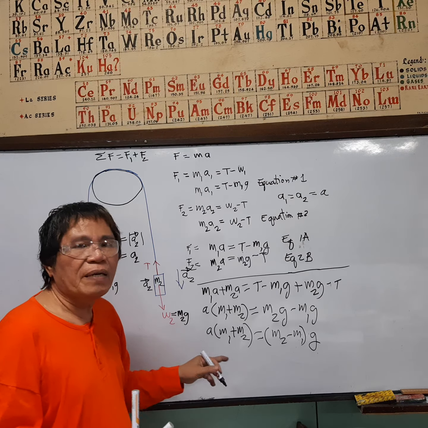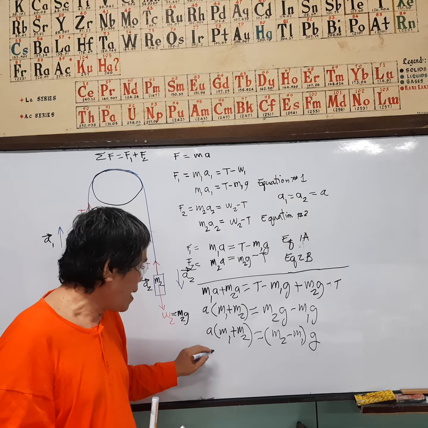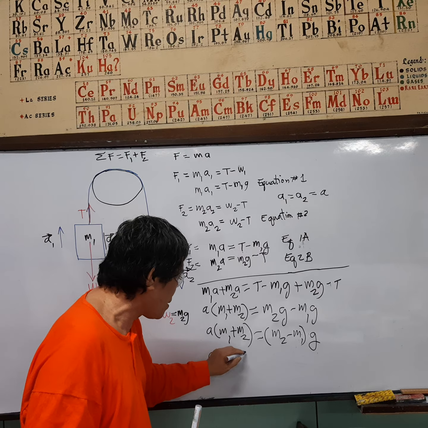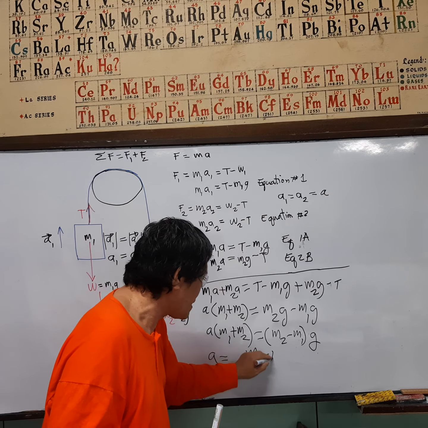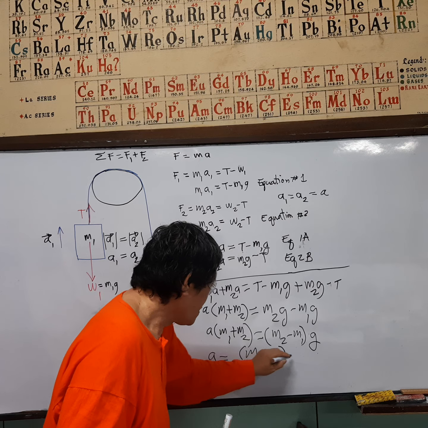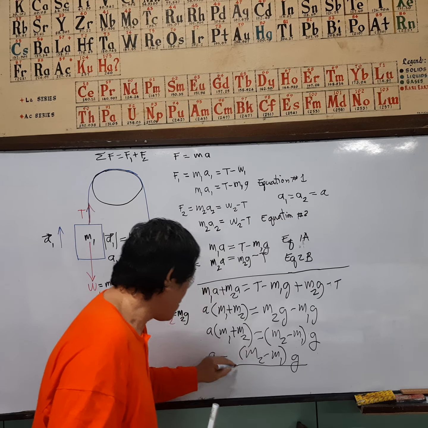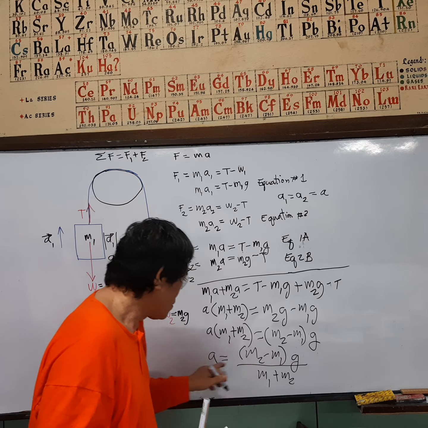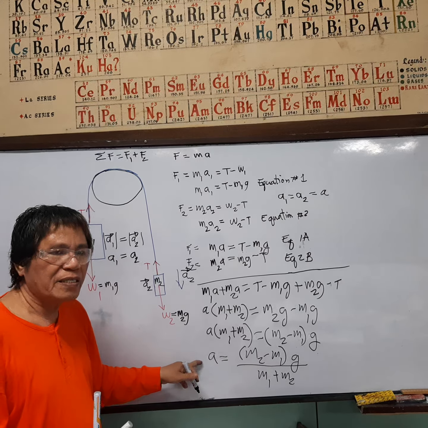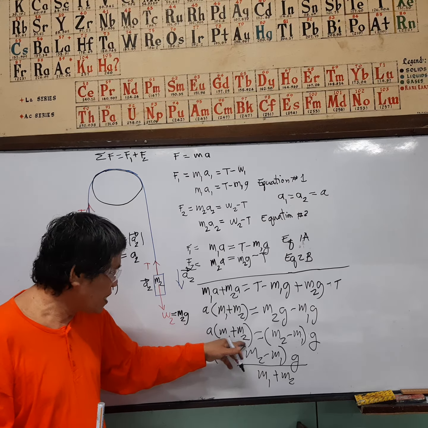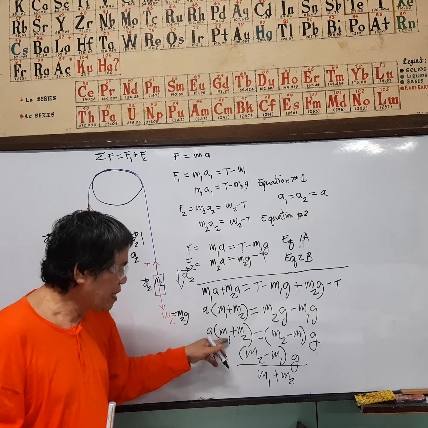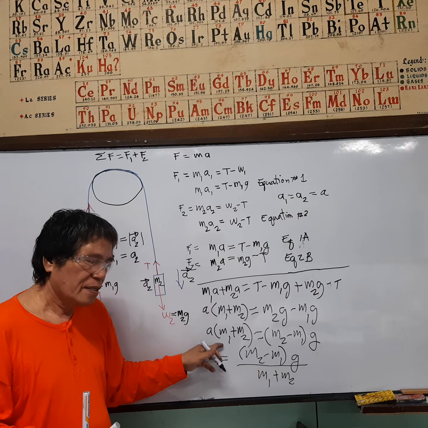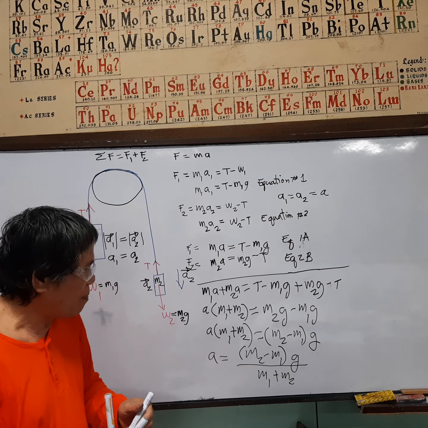And the problem is asking for the acceleration. Acceleration, therefore, is equal to, by cross multiplication, M2 minus M1 times G over M1 plus M2. What remains here is A, because this factor is being cross multiplied, and this becomes the denominator by cross multiplication.